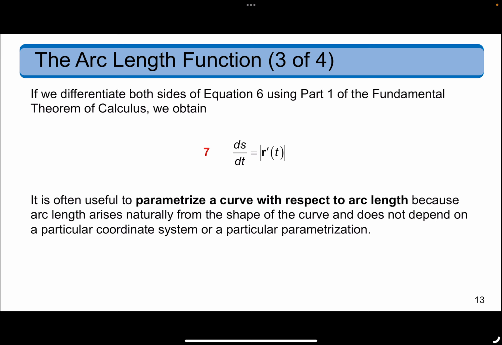It is often useful to parametrize a curve with respect to arc length because arc length arises naturally from the shape of the curve and does not depend on a particular coordinate system or a particular parametrization.